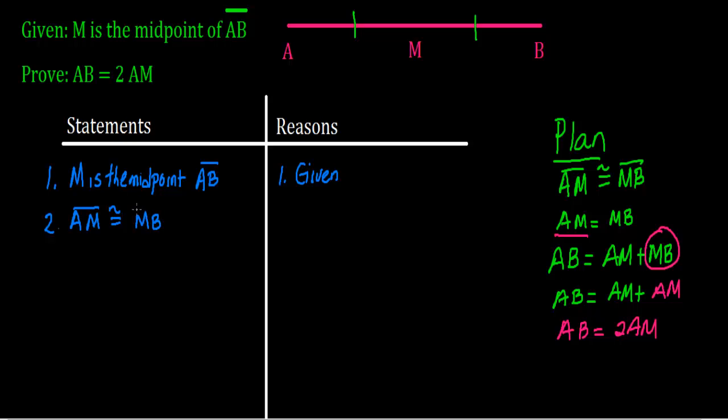And how did I reach this conclusion? Well, by the definition of midpoint, that says the midpoint is a point that divides a segment into two congruent segments. And that's how come I can write that those two segments are congruent.